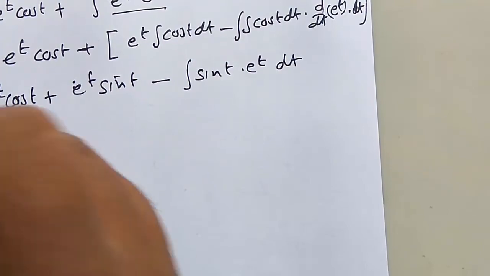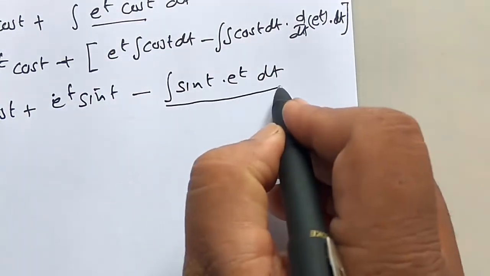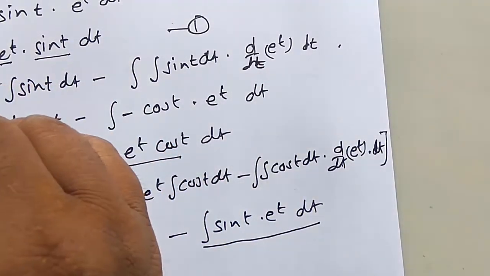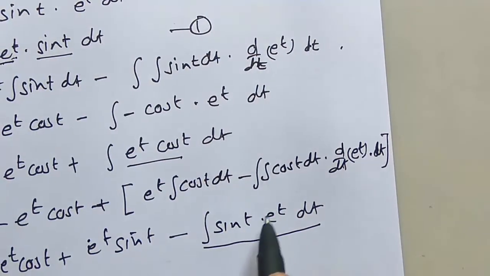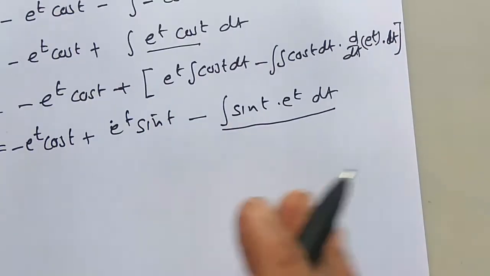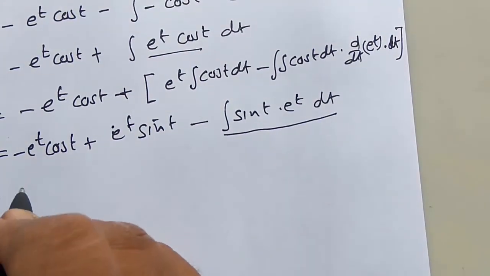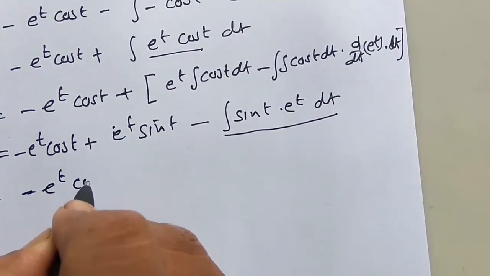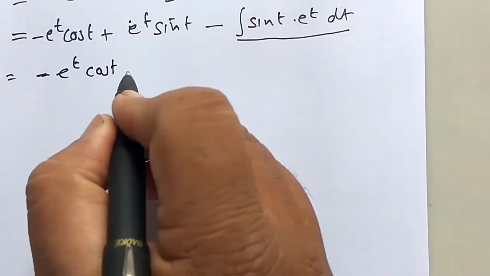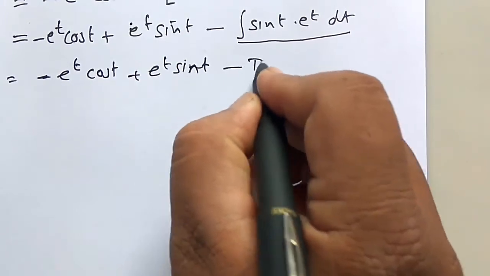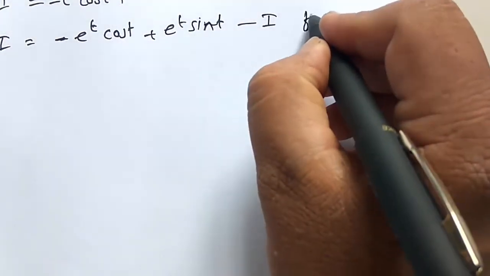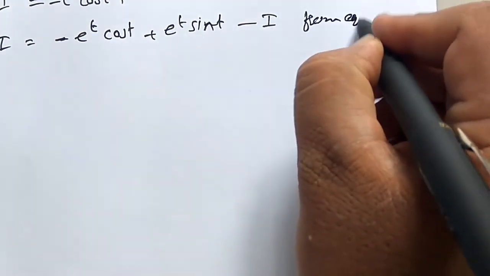This is equal to I. But this is nothing but, from equation 1, it is I, e raised to t sin t integration dt. So I is equal to minus e raised to t cos t plus e raised to t sin t minus I from equation 1.